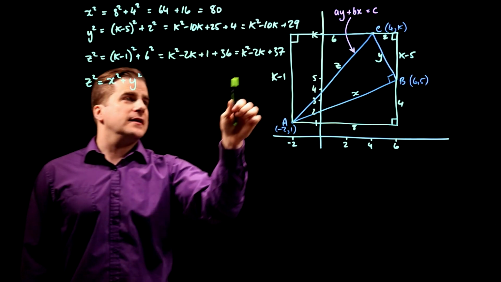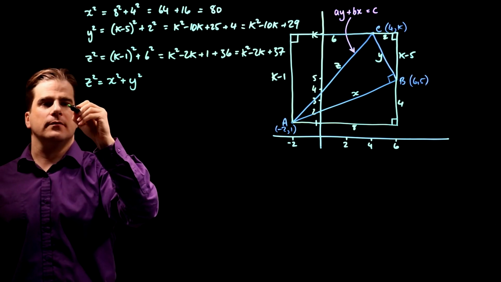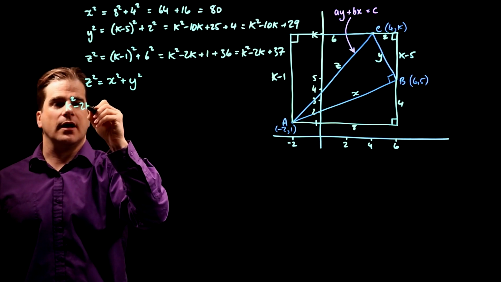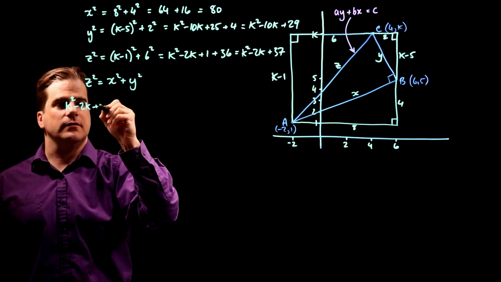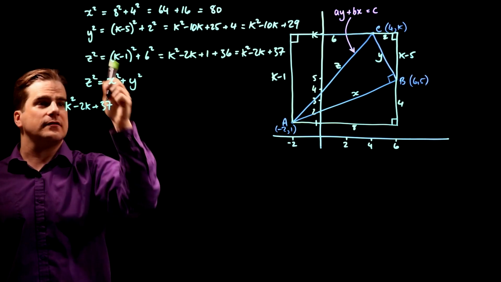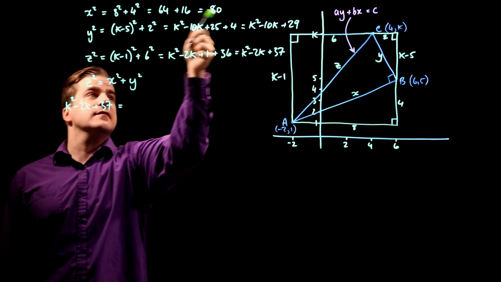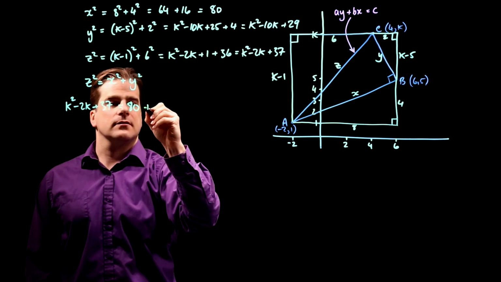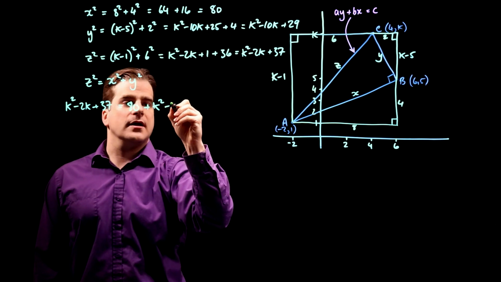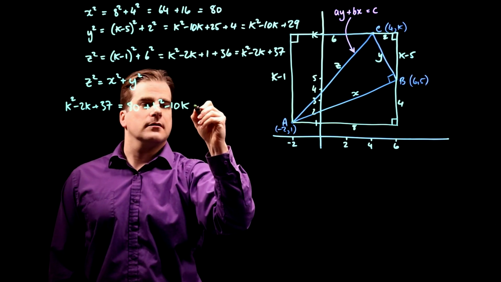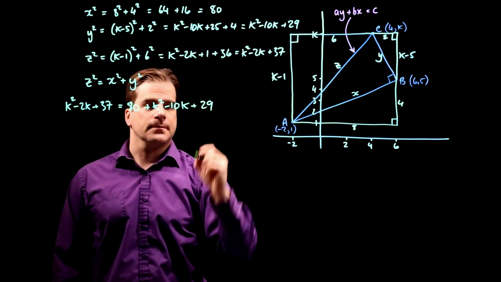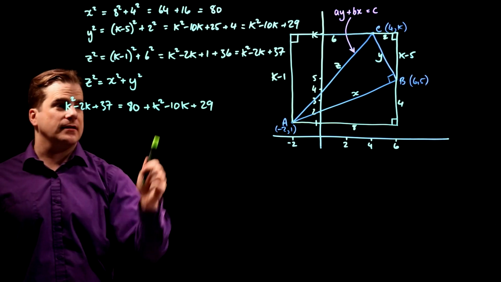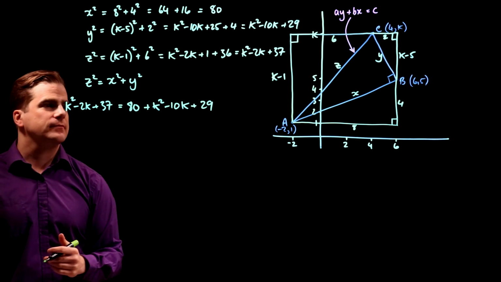Now, z squared is that, so therefore, k squared minus 2k plus 37 is equal to x squared, which is 80, plus y squared, which is k squared minus 10k plus 29. Okay, and as you can see, we've got an equation in k, so we can solve it to find k.